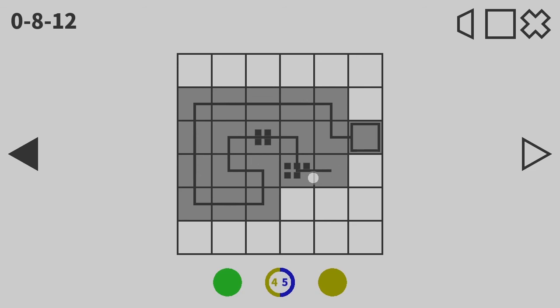Wait, no, I've done this completely wrong. There's a hole. Maybe it's okay with a hole in it though.